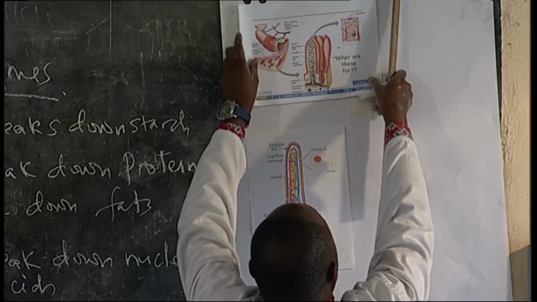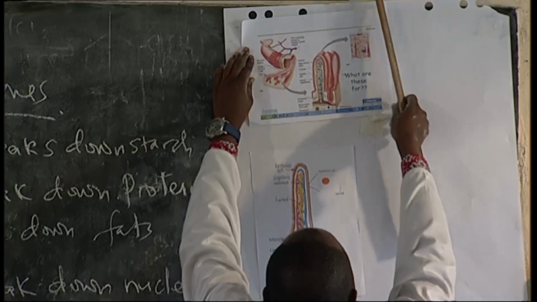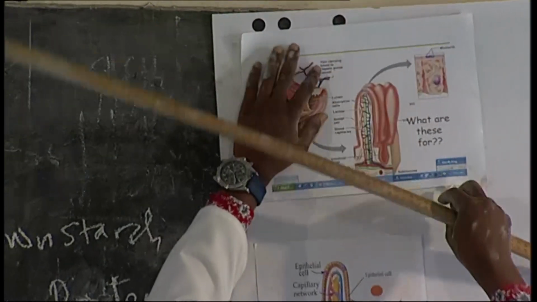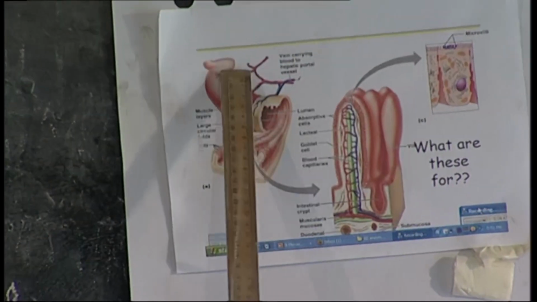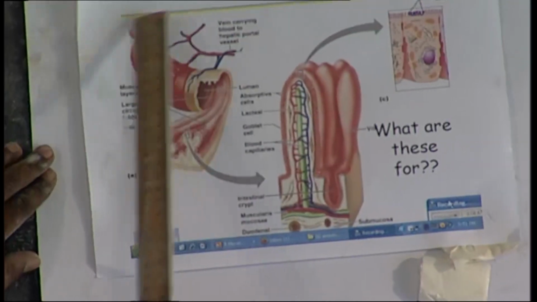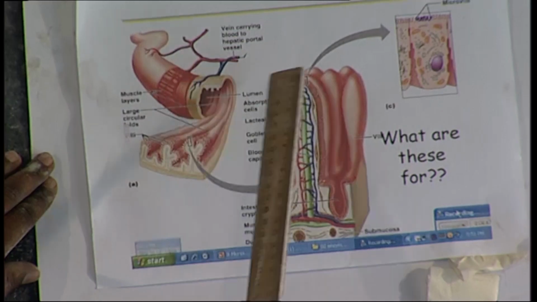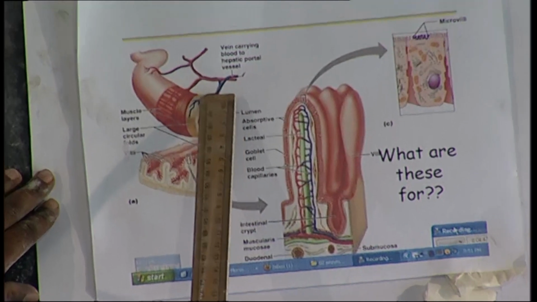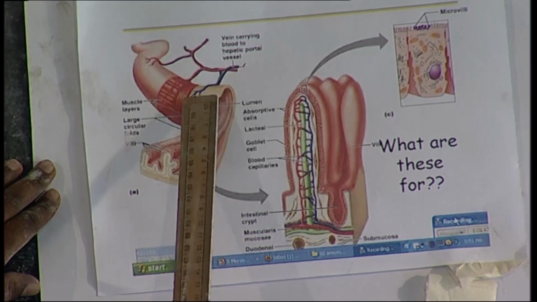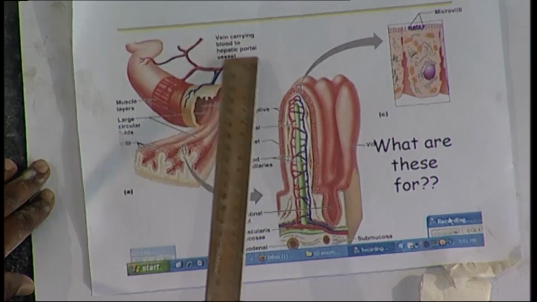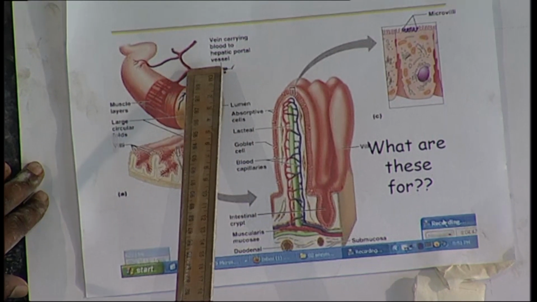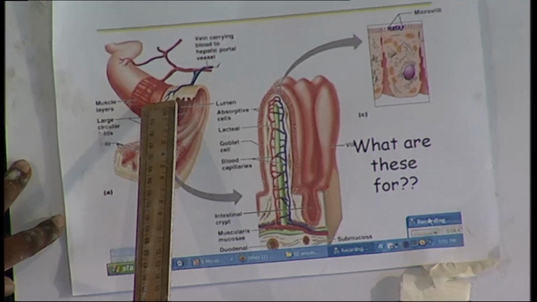I have a diagram. Here you can see the wall of the small intestine. We have a vessel with a blue color and another with a red color. The red one carries oxygenated blood and supplies the small intestine.